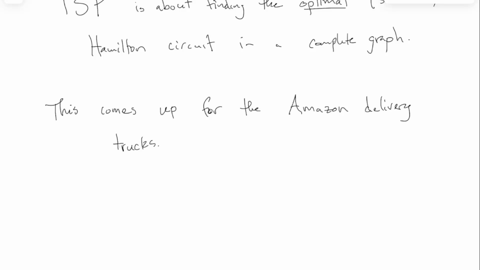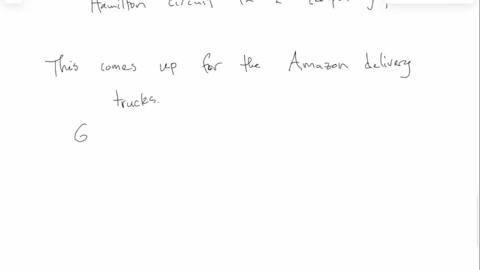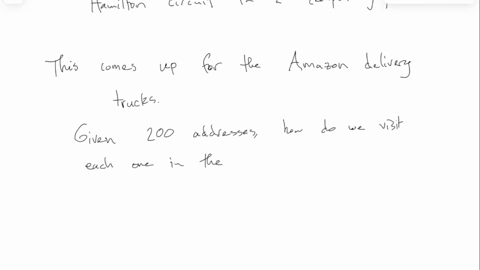So this comes up for the Amazon delivery truck. I don't know if these numbers are realistic, but something like given 200 addresses, how do we visit each one in the fastest route? That's the idea here.